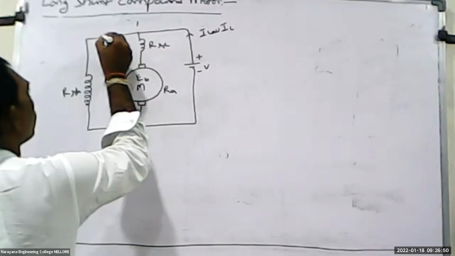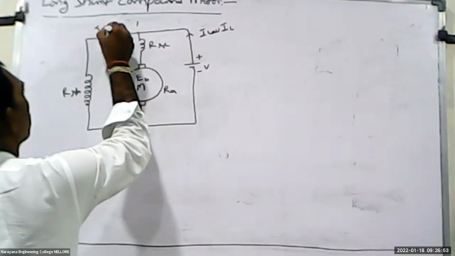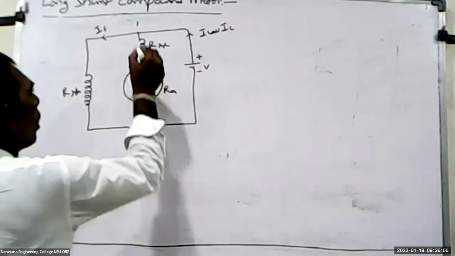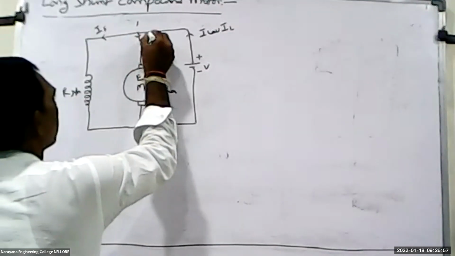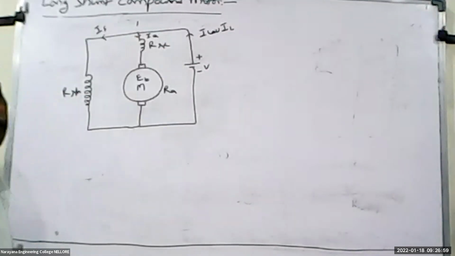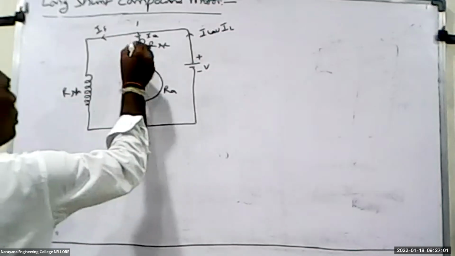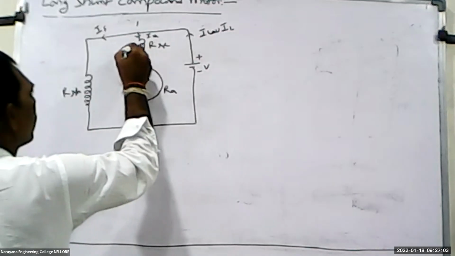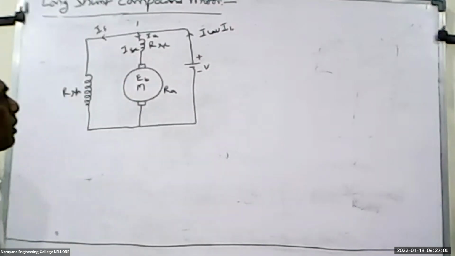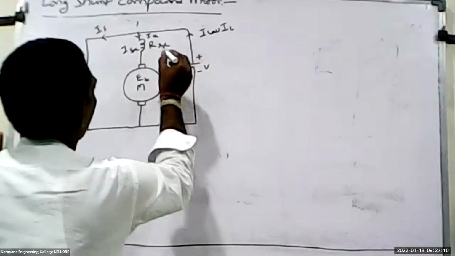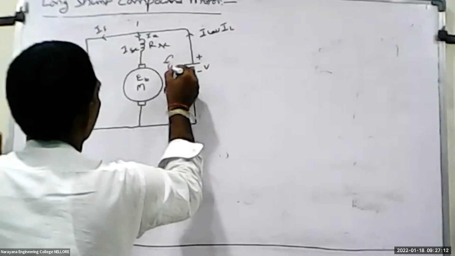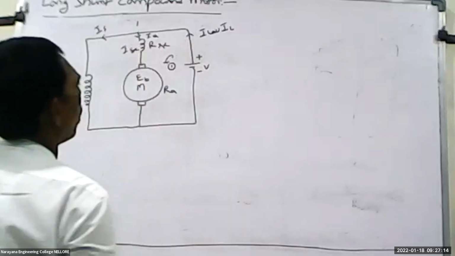The current passing through the field winding is same as the previous one, and current passing through the armature is represented as IA, and current passing through the series field winding is represented as ISC. So this is considered as loop 1, and this is considered as loop 2.